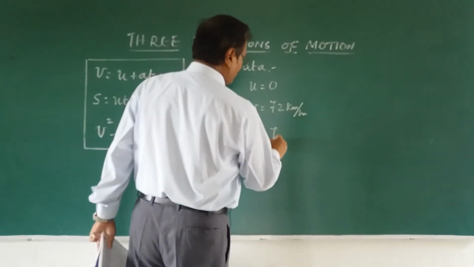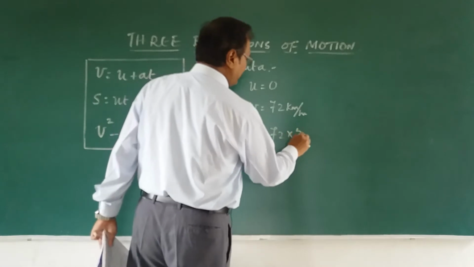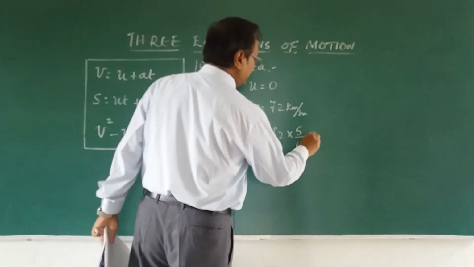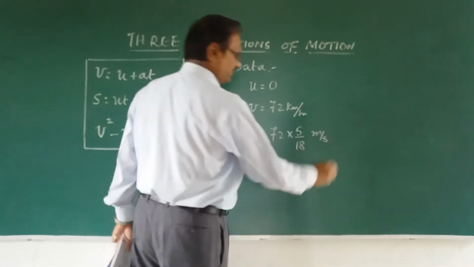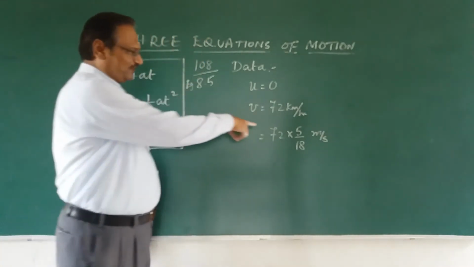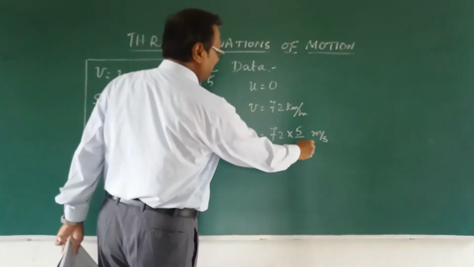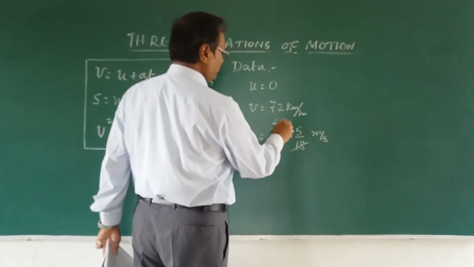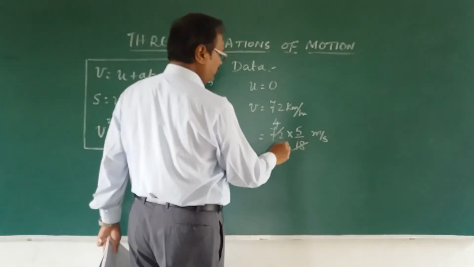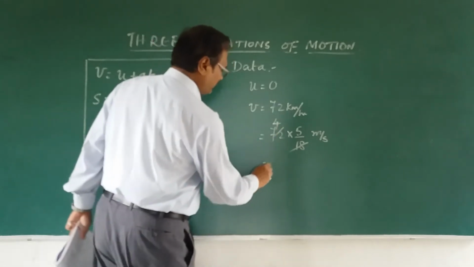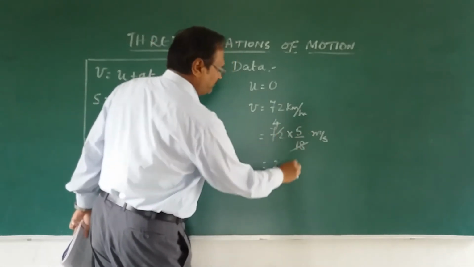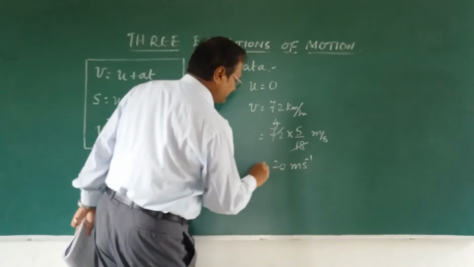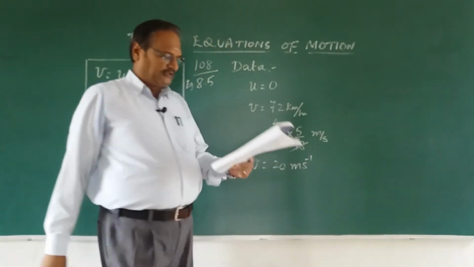That is 72 multiplied by 5 by 18, which becomes meter per second. We used the dimensional method also to do this. This will go 4 times. That is equal to 20 meter per second, the final velocity.